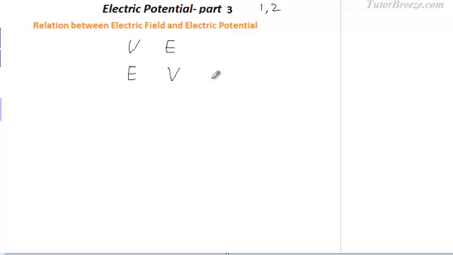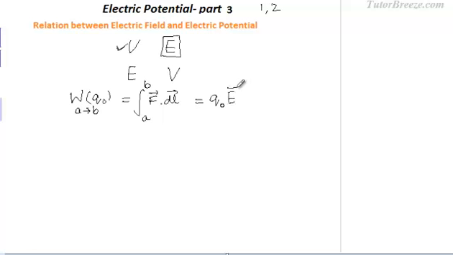So first of all, let's take a look at how can we find electric potential if electric field is given to us. See, the work done in moving a test charge Q naught from A to B is given by, work done would be integral F dot dl, where F is the force applied and dl is a short element of the path while moving the particle from A to B, and the force can be written as the charge times the electric field.